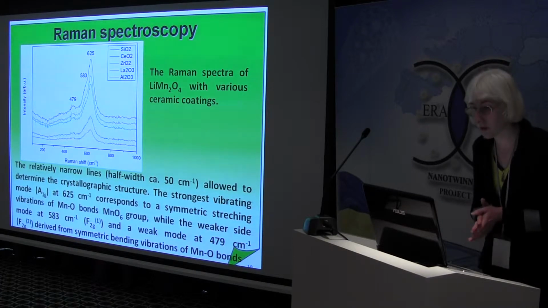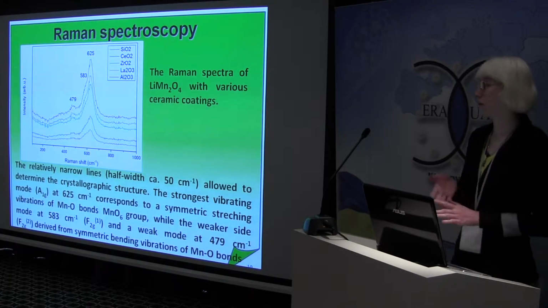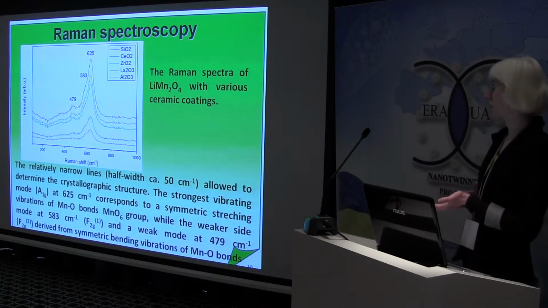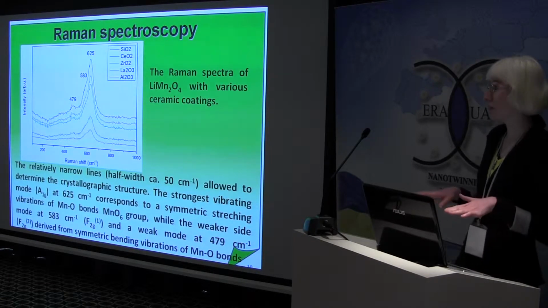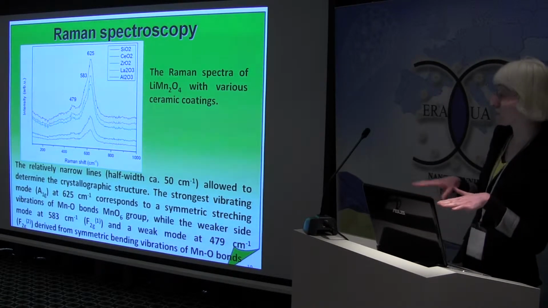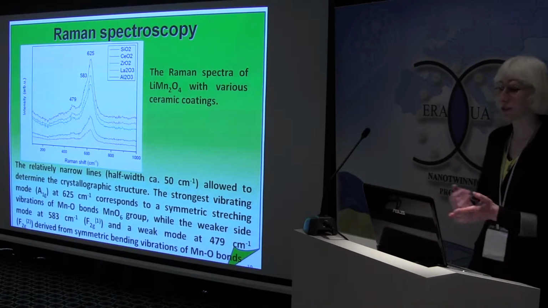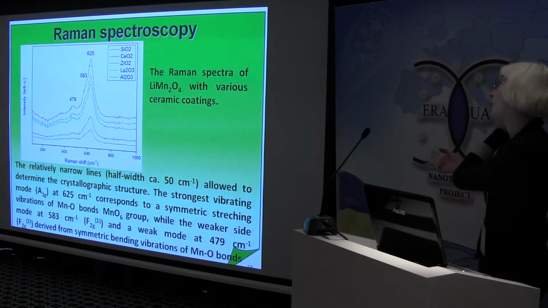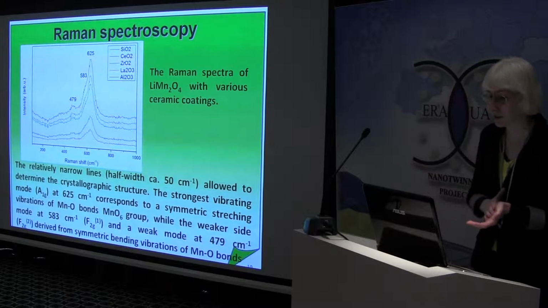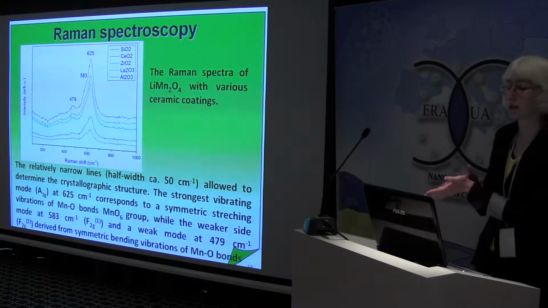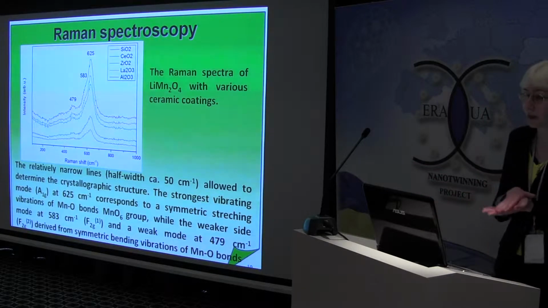We also did Raman spectra of lithium manganese oxide with various ceramic coatings, and we didn't observe the ceramic oxides there either. You can see relatively narrow lines with half-width of about 50 cm-1, which allow determination of the crystallographic structure.